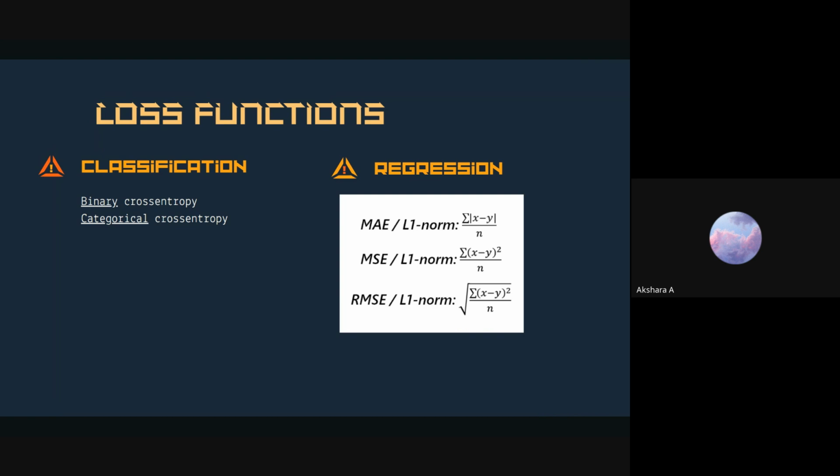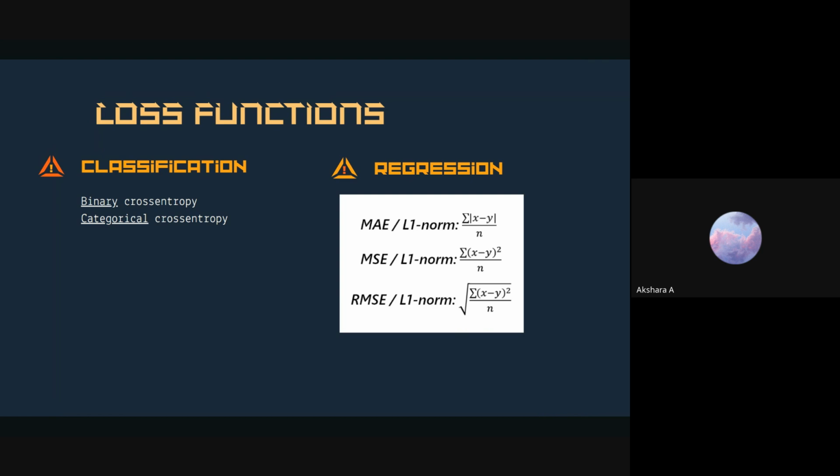Okay, so for classification tasks, to be a little bit more specific, you can use, for example, binary cross entropy if you have two classes, and categorical cross entropy for multiple classes. What a classification task does specifically is that it predicts categories, which is why when you predict, for example, two classes, you will have binary cross entropy.